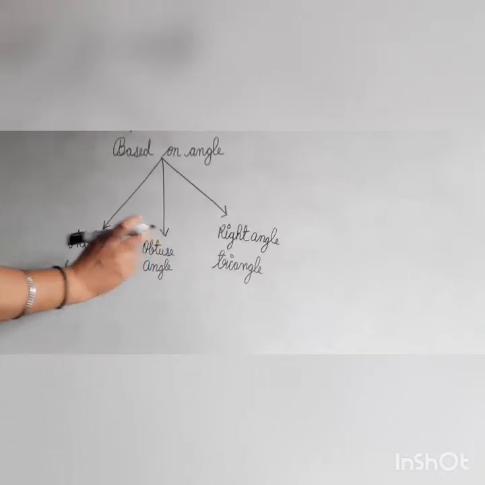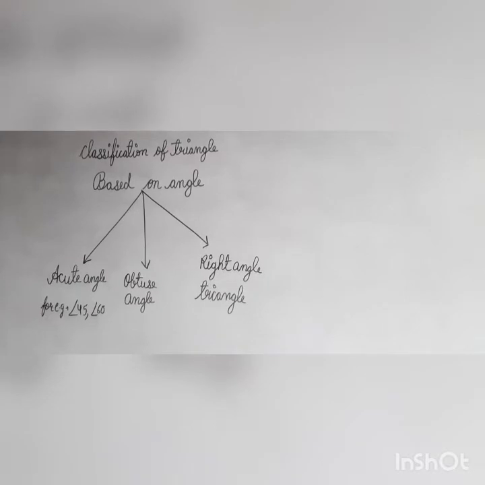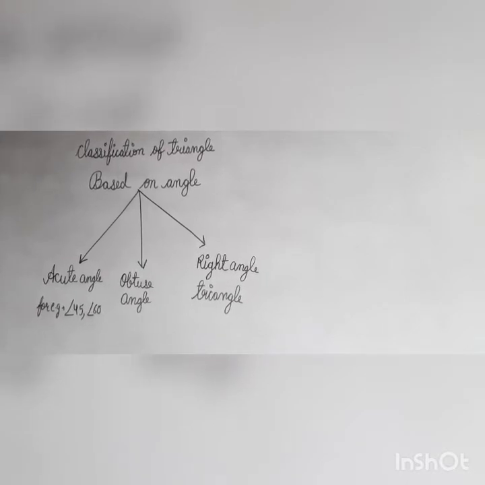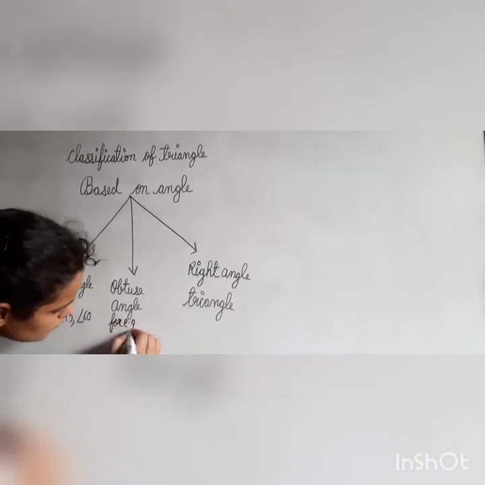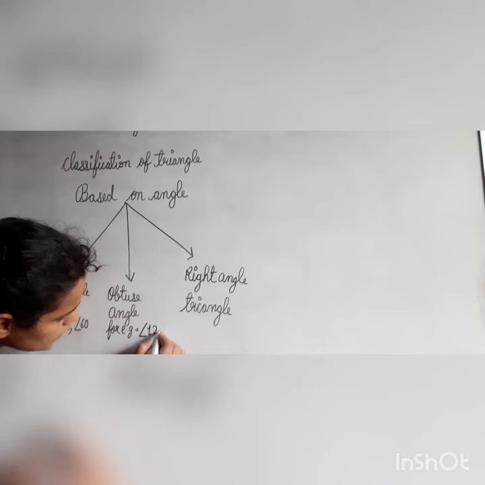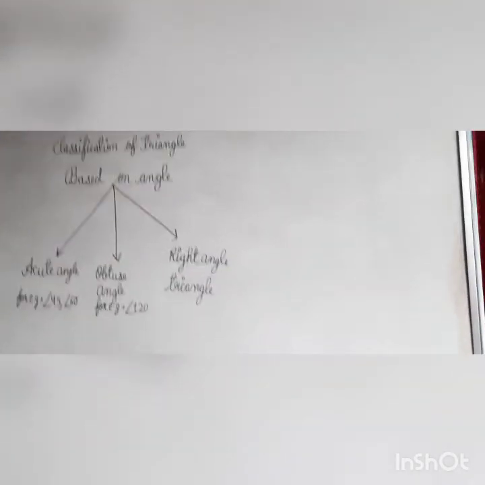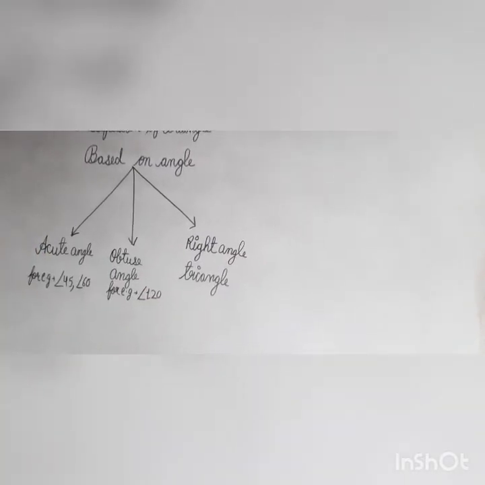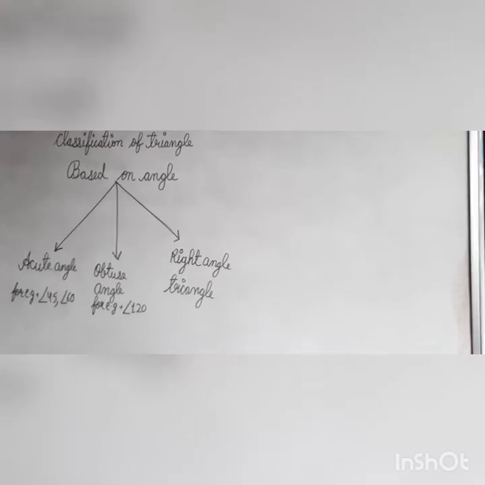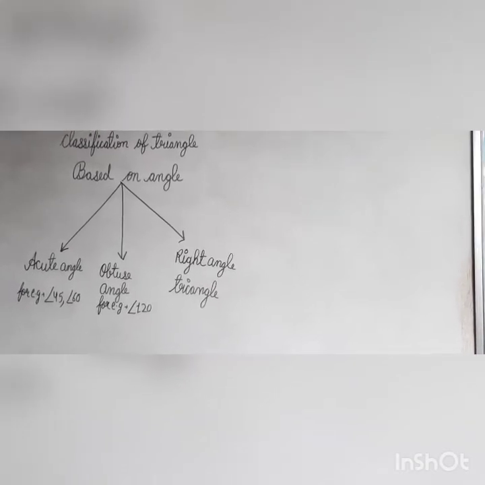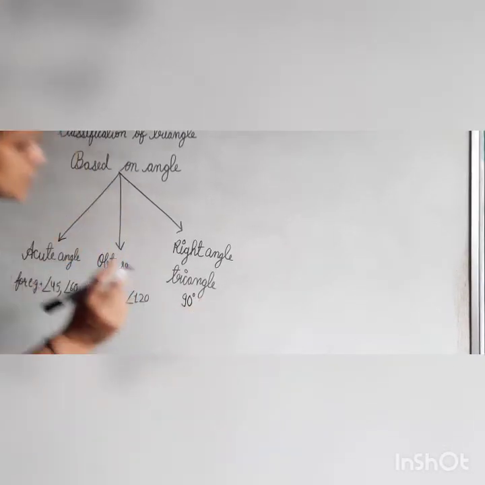Obtuse angle is more than 90 degree and less than 180 degree, for example angle 120 degree, 130 degree and so on. And what is a right angle triangle? In a right angle triangle, it makes 90 degree.